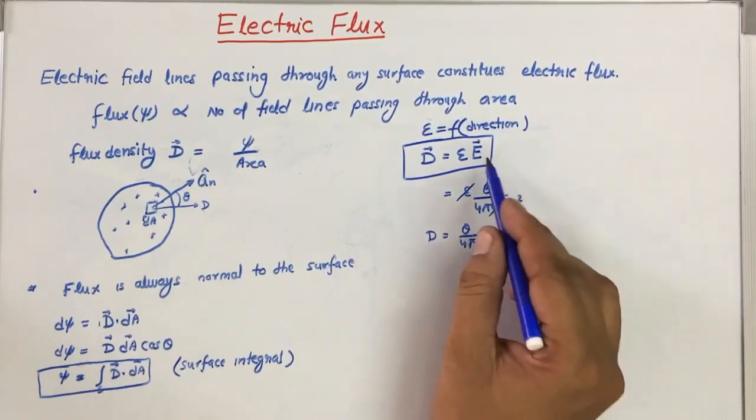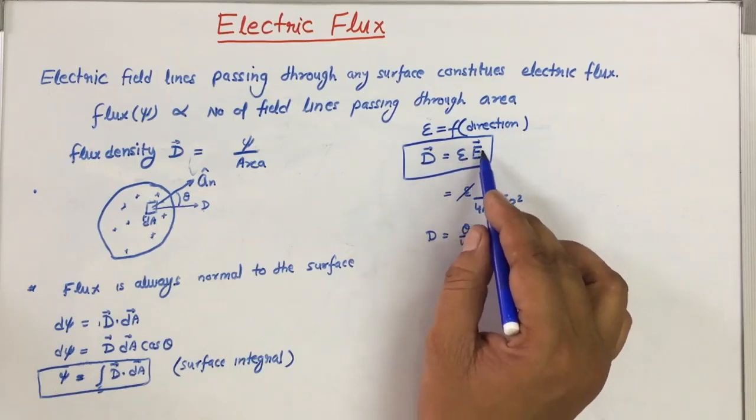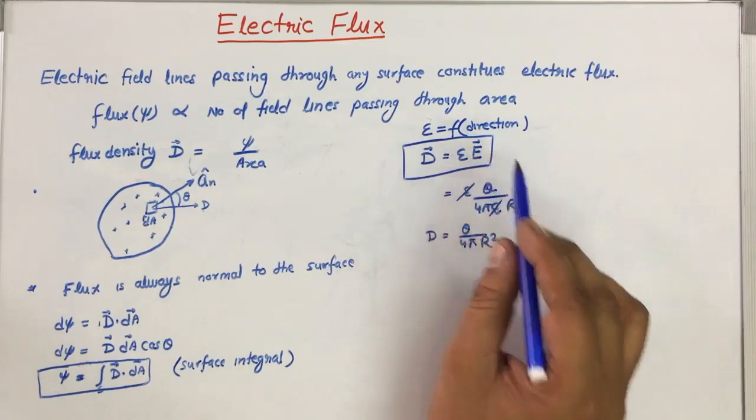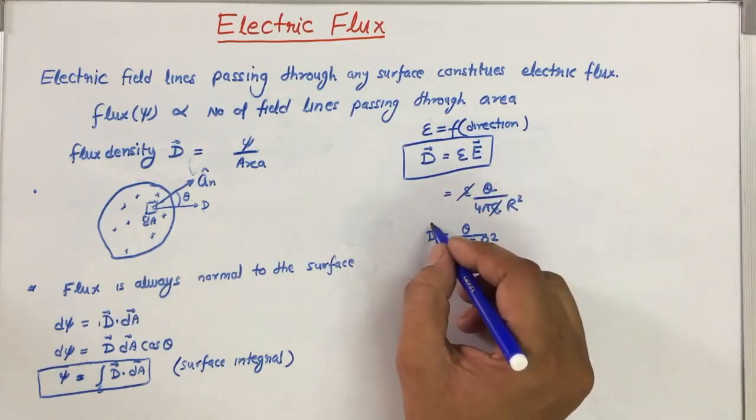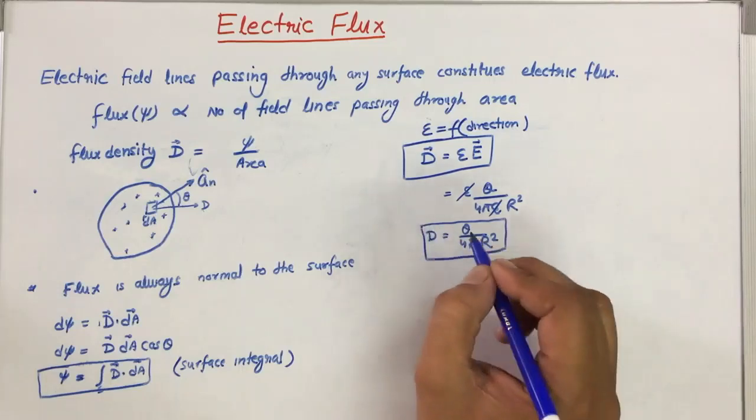That is in the direction of E, because this is independent of the direction. So only this has direction, and this will be in the direction of that. So in magnitude D will be equal to this.